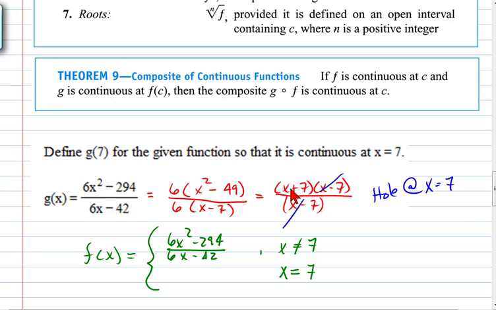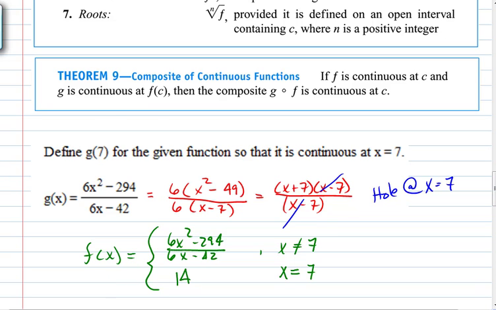Well, I go over here and I plug in a 7 in place of x in my reduced form of the function, and I see that I end up with 14. 7 plus 7 is 14. So if I have this piecewise function f, then g of x will be continuous if g of 7 is equal to 14.